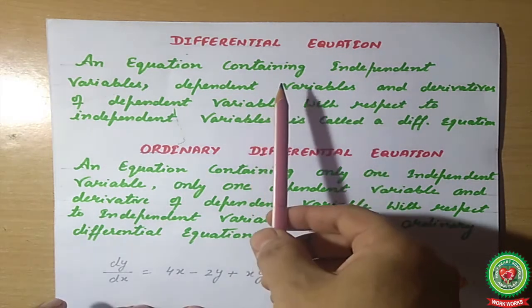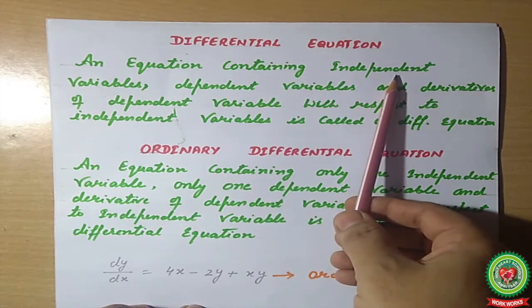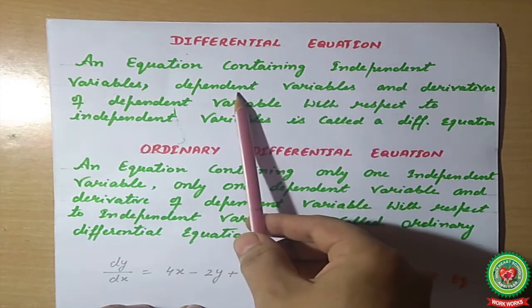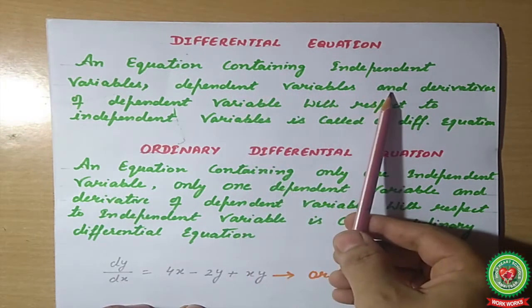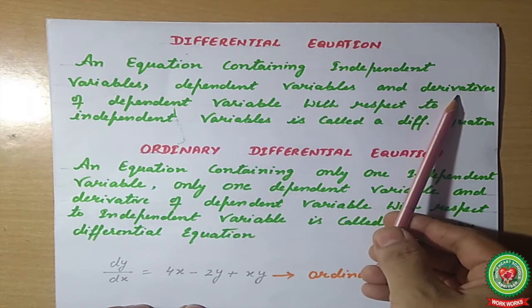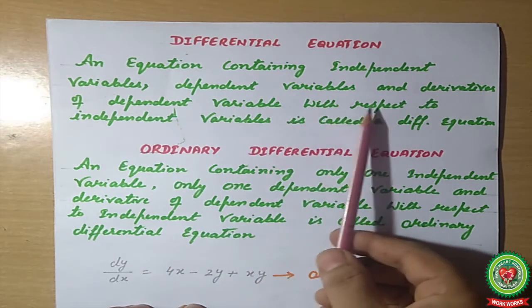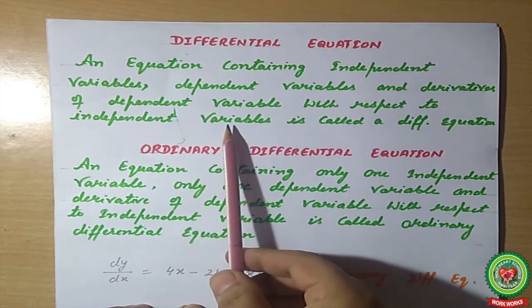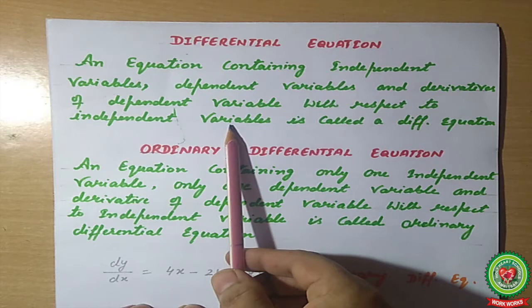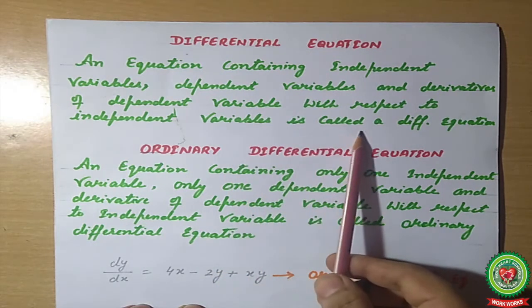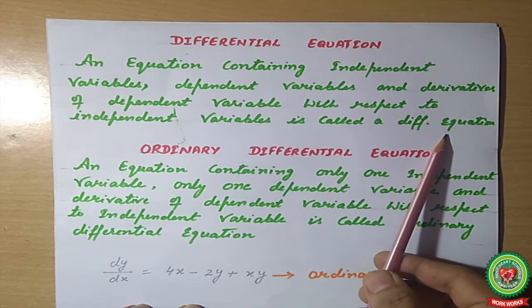This equation contains an independent variable, a dependent variable and a derivative, the differentiation of the dependent variable with respect to the independent variable, that is dy upon dx, dx upon dy, and it is called a differential equation.